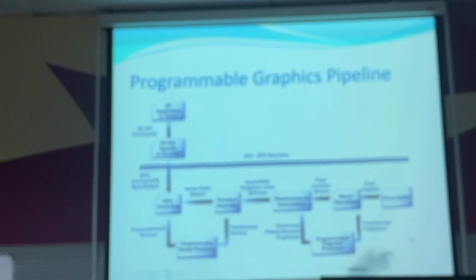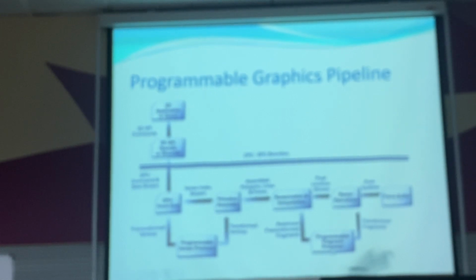So this is your hardware, your graphic card, so your graphic pipeline will be here. You have your vertex processor. These 2 will be the ones that you program: vertex processor and the fragment processor. These 2 are programmable. That's your job.